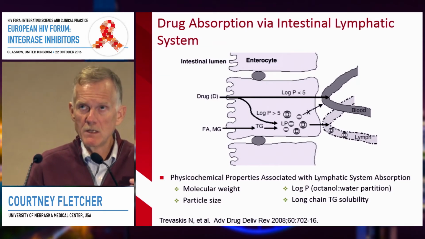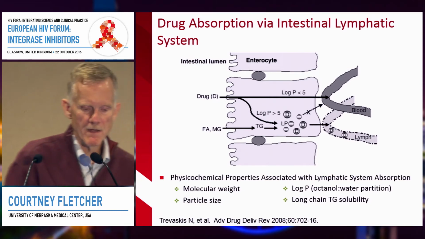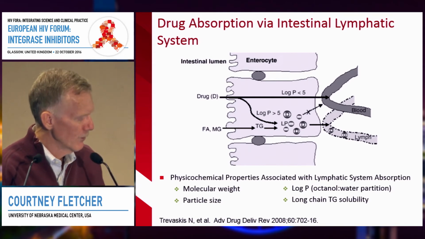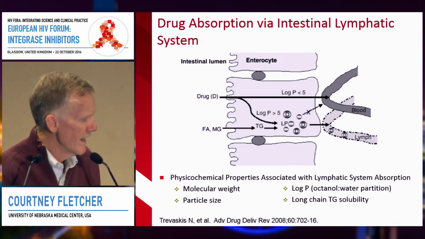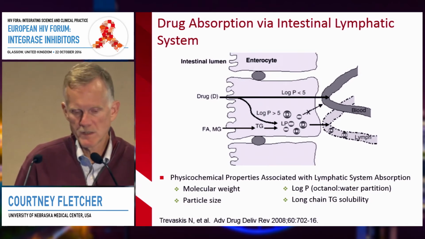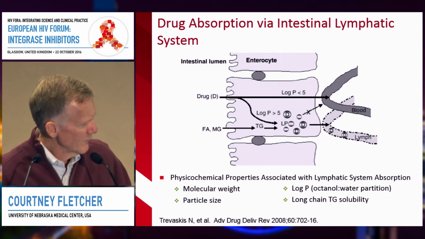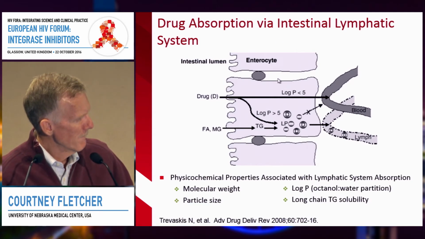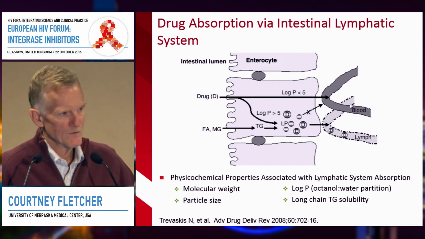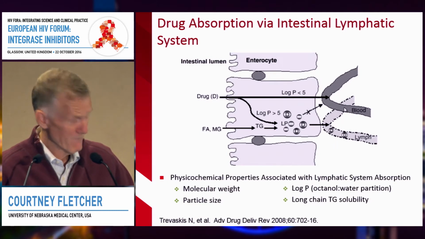Well, why does that happen? Certainly to some degree, it's the physical chemical properties of the drug. And probably the key ones that we think play a role here are the molecular weight, the particle size, the log P or octanol-to-water partition coefficient, and long-chain triglyceride solubility. So when we think then of how a drug might enter into the lymph, first, remember the differences in blood flow. Blood flow versus lymph flow is about 500 to 1.